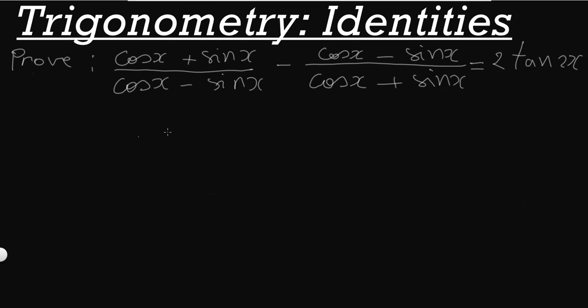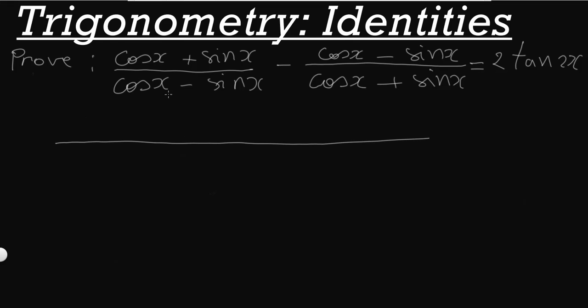Here there is this side and that side, separated by the minus sign, so they don't have a common denominator. So the first thing I have to find is the common denominator.